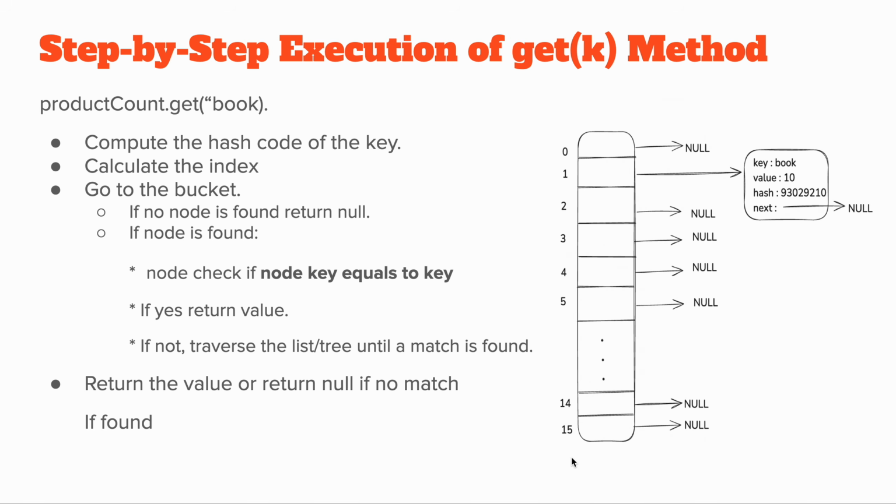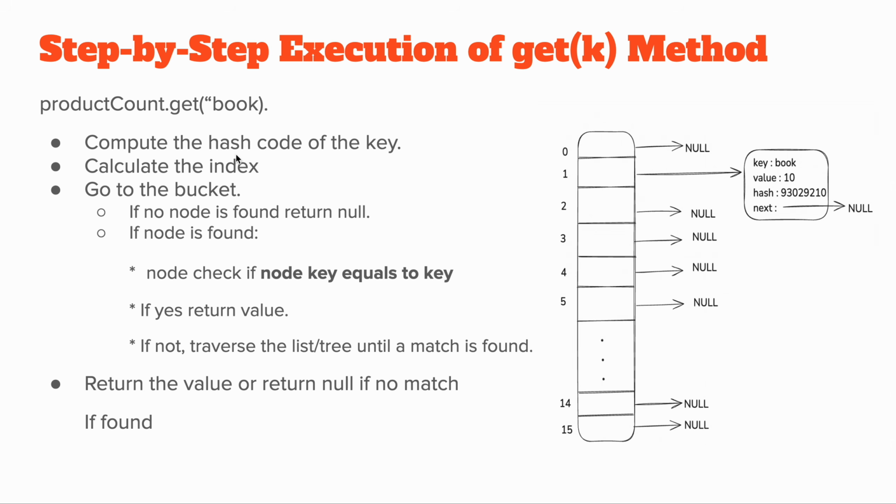So far we have discussed how the put operation works, how threshold calculation happens, and what happens in case of resizing. Now let's understand what happens when the get method is called. What happens if I call get with the key, right? The process remains the same.